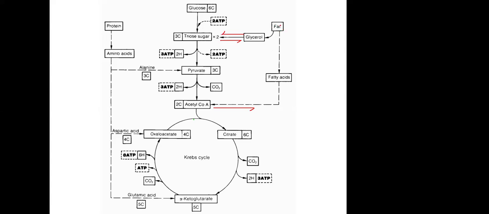Then that oil is broken down into glycerol and fatty acids, and they join this pathway in this direction. So when you study respiration, it will make sense. Some of these processes are two-way, and the direction of the process is dictated by the demands or the needs of the organism at hand.